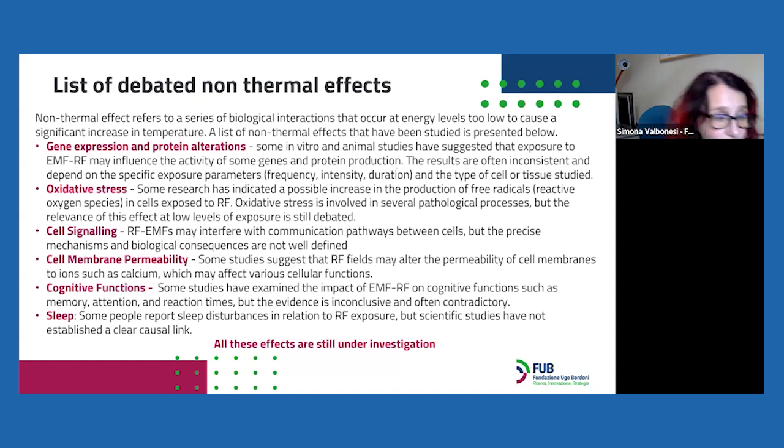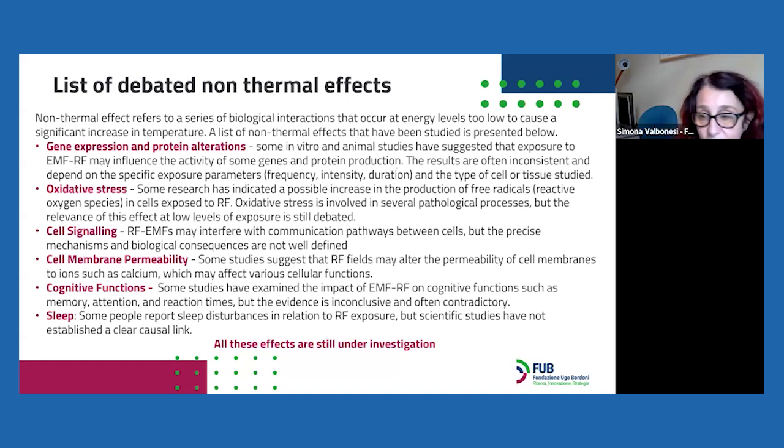A number of in vitro studies on cellular cultures and in vivo studies on animals have suggested that exposure to electromagnetic fields may induce changes in the expression of particular genes.